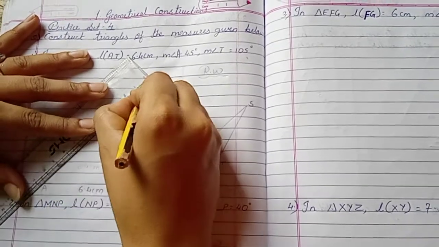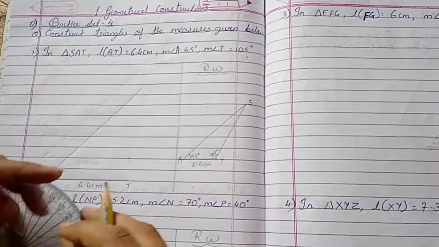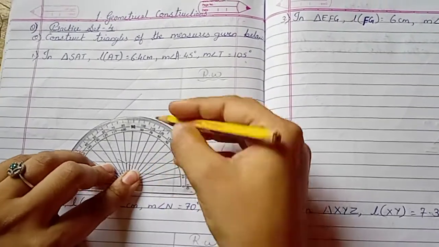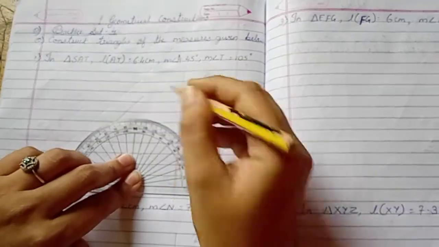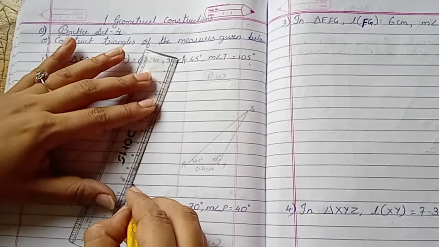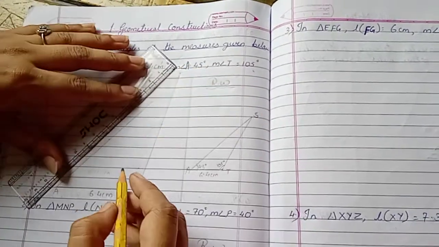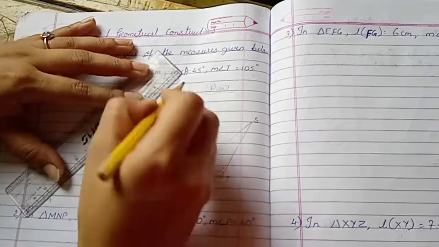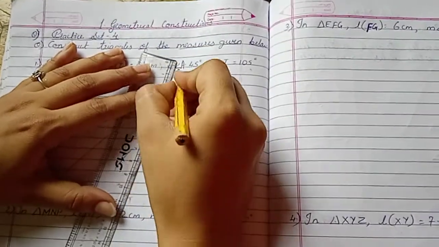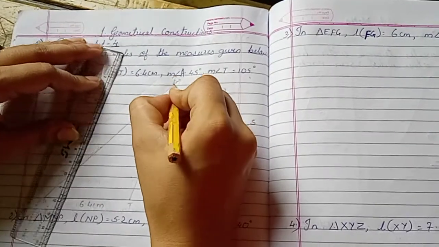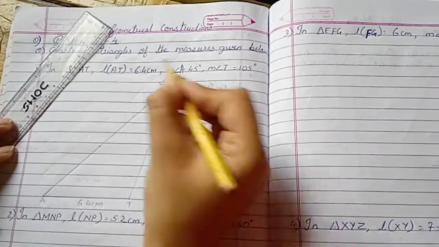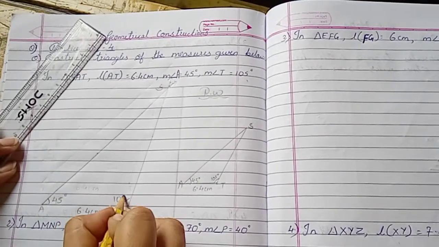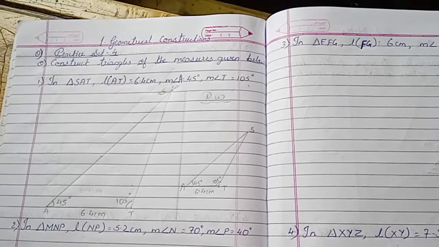I will join this, and again I will take 105 degrees, keeping my protractor on the point. I will join this, and I have to join this line with another line so that we get an intersecting point. Here we have to put an arrow. So this point is S and this is 45 degrees. This is 105 degrees. So this is how our triangle looks.